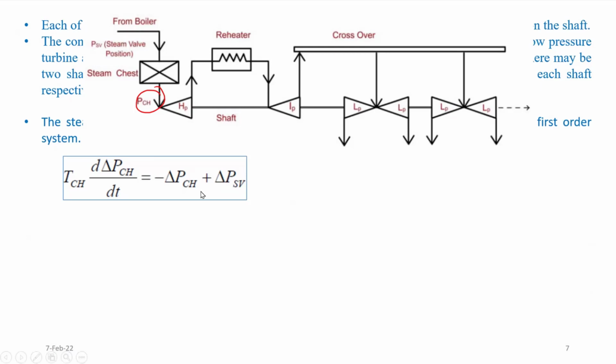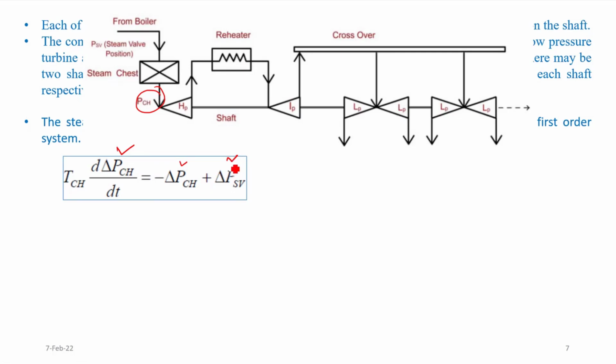Based on the valve opening, delta PCH increases or decreases, right? So if we write a linear transfer function with time constant TCH, I can write TCH d by dt of delta PCH equal to minus delta PCH plus delta PSV, right? Sorry, delta PCH is your output, delta PSV is your input, right?